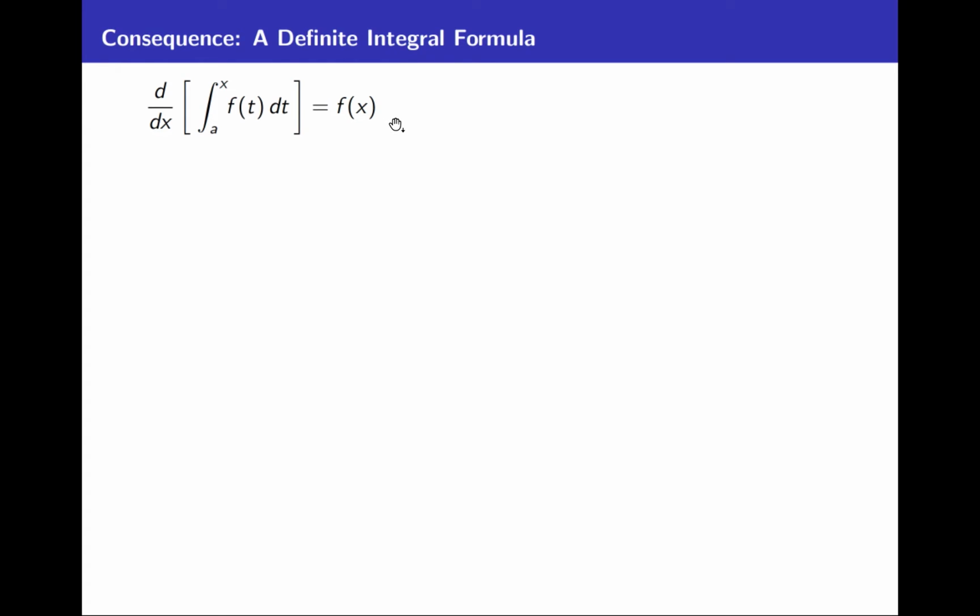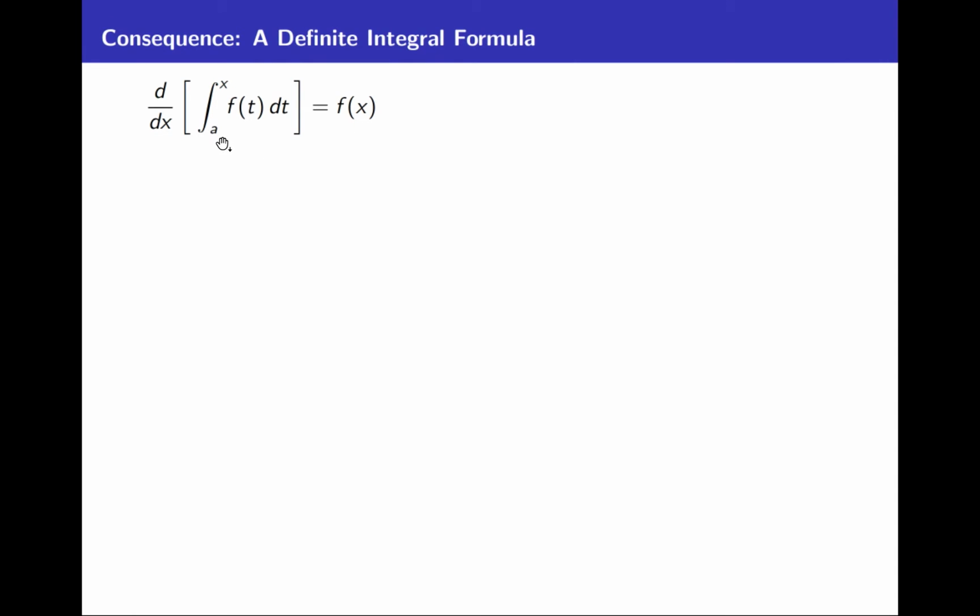Now, to derive that formula, I want to start off with the statement of the fundamental theorem of calculus, part 1. d/dx of the integral from a to x of f(t) dt equals f(x). That's just the fundamental theorem of calculus, part 1, restated.